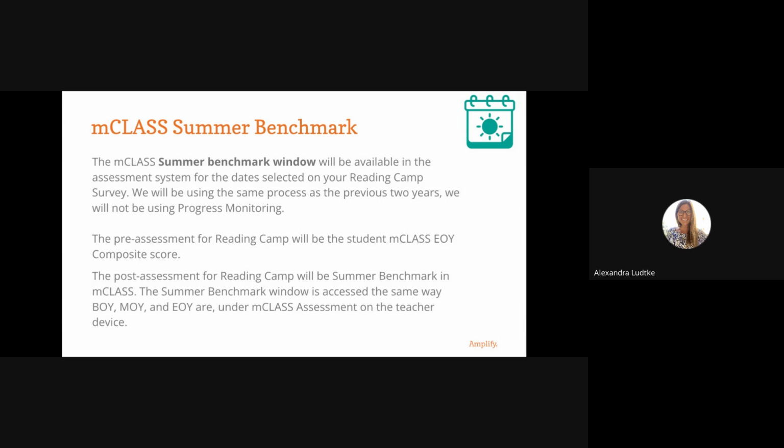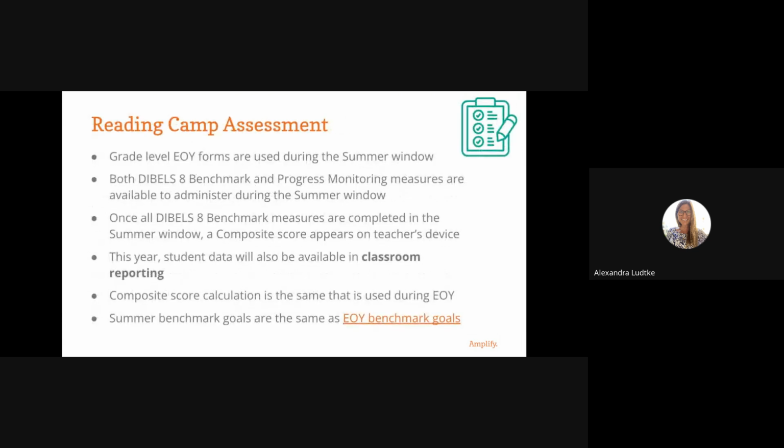The summer benchmark is accessed in the same exact way as any other time of year. It's in the M-Class assessment system, and the teacher assesses on a device. Each grade level will be using their same EOY forms for summer benchmark.